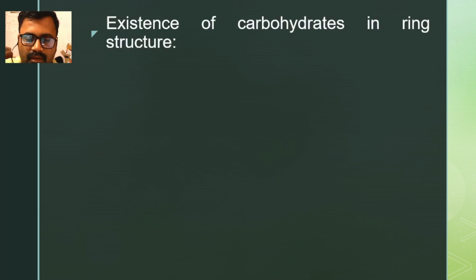In the last lecture, we discussed the open chain structure of monosaccharide, but such open chain structure of monosaccharide has some defects, and these defects are helpful to give the evidence in support of ring structure of monosaccharides.